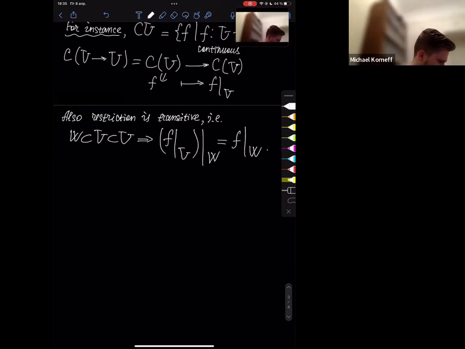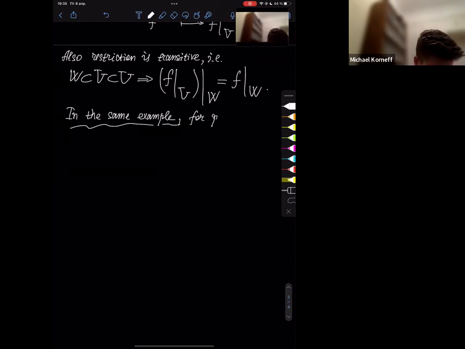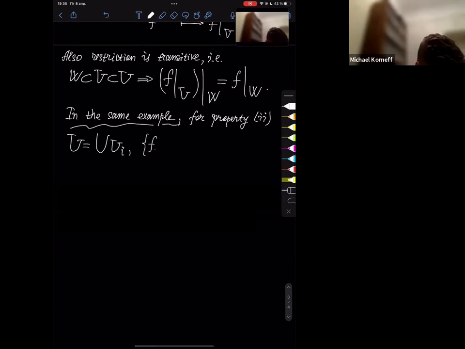In the same example, for property 2, we have a covering and a family of functions f_i.